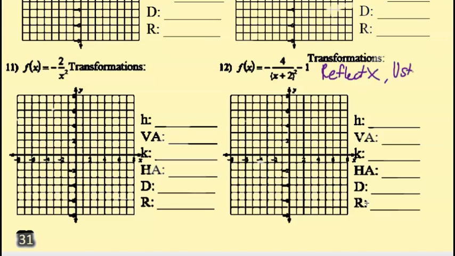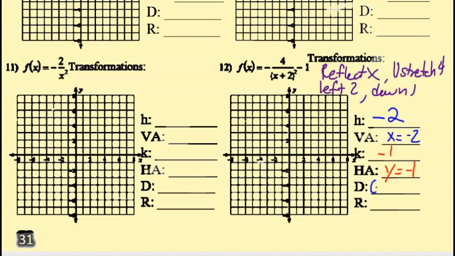There's a vertical stretch by 4. It went left 2 and down 1. So from here, the h value is negative 2. It's the opposite of what's on the inside. Vertical asymptote at x equals negative 2. The k value is a minus 1. So you have a horizontal asymptote at y equals negative 1.